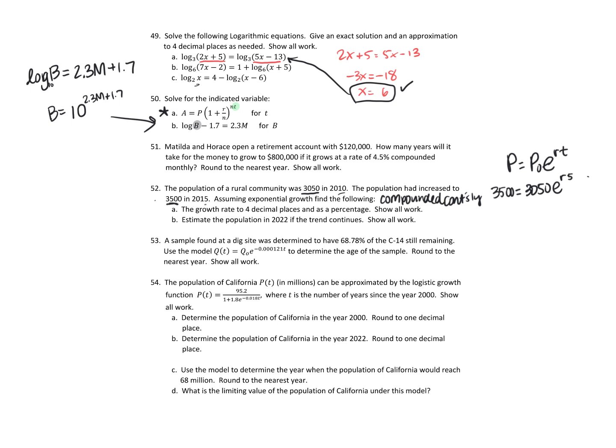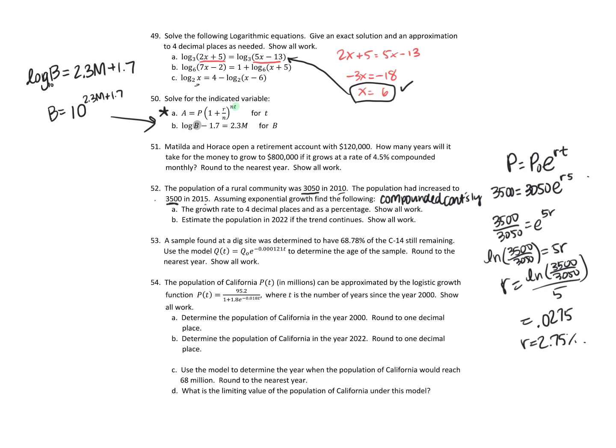So we can divide that over, and then take the natural log of both sides, and then divide by 5. And so that gives us 0.0275. So that means R is equal to 2.75%.